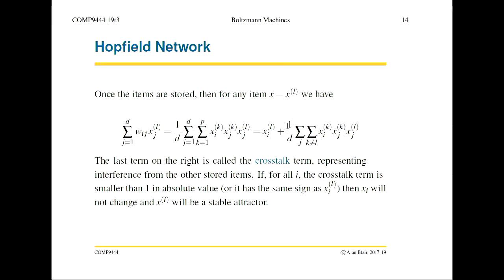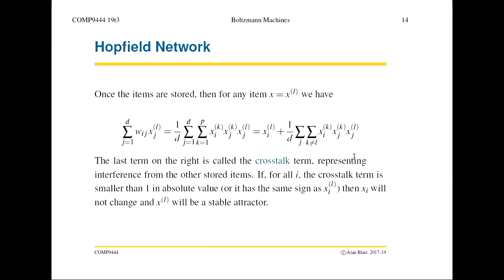This term here is the current value of x_i, and this term here is called the crosstalk term, because it's the term that could potentially get us to change erroneously.